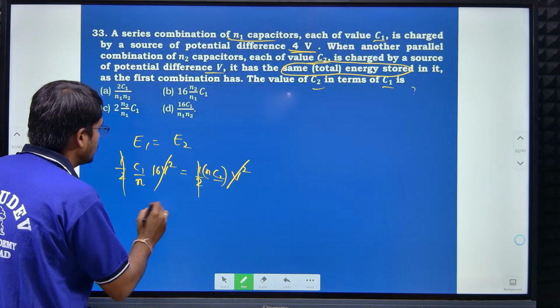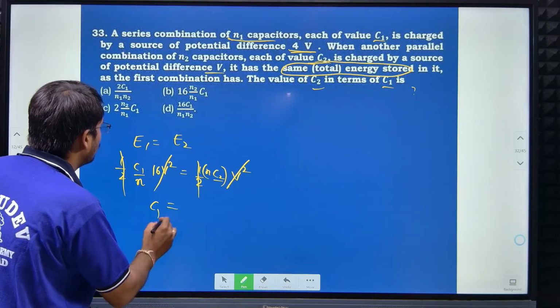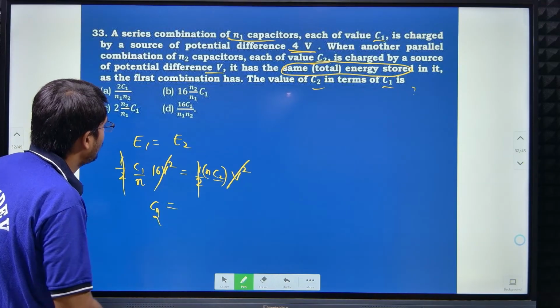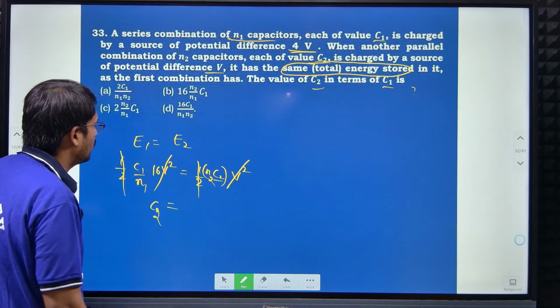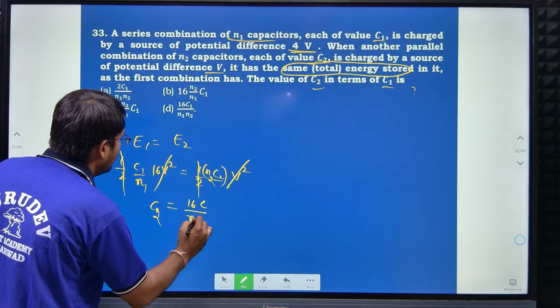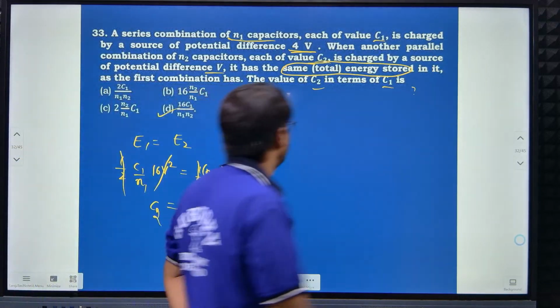As a result, C2 equals 16 C1 divided by N1 N2. Therefore option D is the right answer.